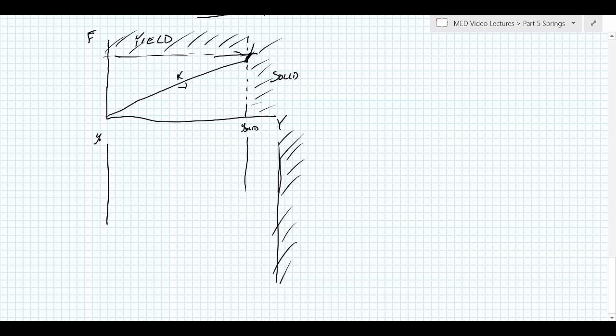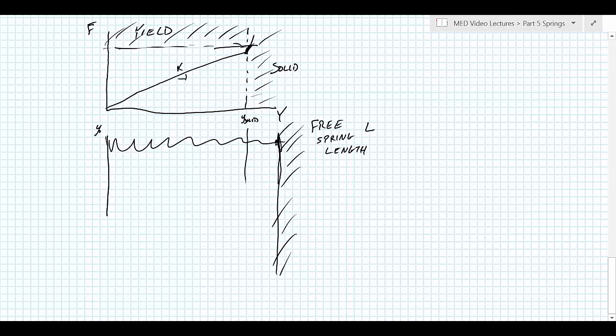We could have a spring that would go all the way from having zero force on it, and this would be what we call our free spring length. The length of the spring when we put exactly zero force on it. So just take it out of the box and measure it. This will be L naught, the free spring length.